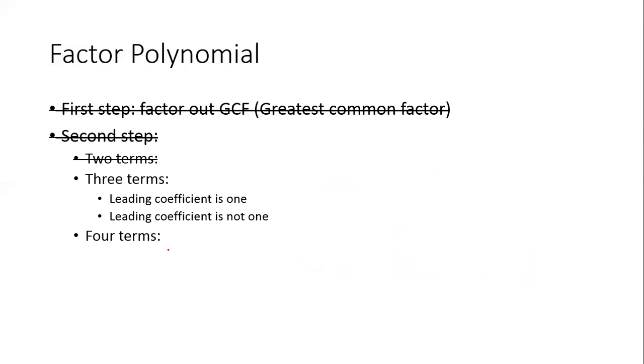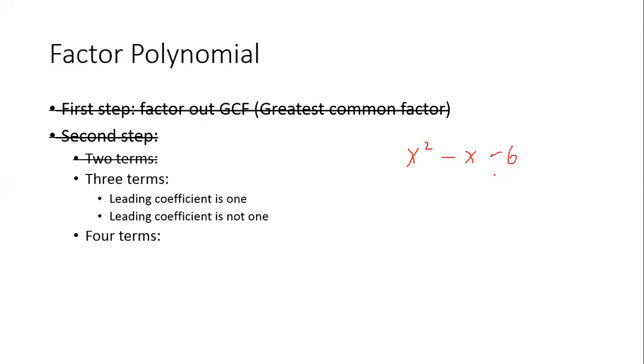Now let's look at three terms. Three terms is something we call a trinomial, and the one we're going to talk about is a quadratic trinomial, which is like x squared minus x minus 6.